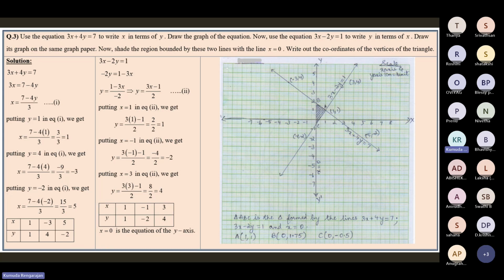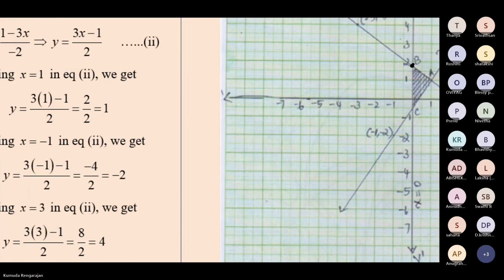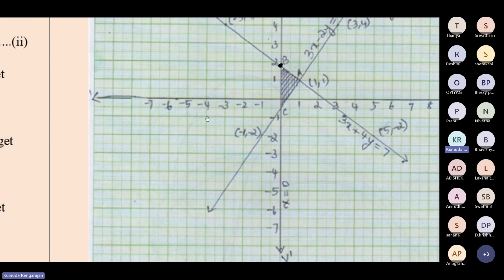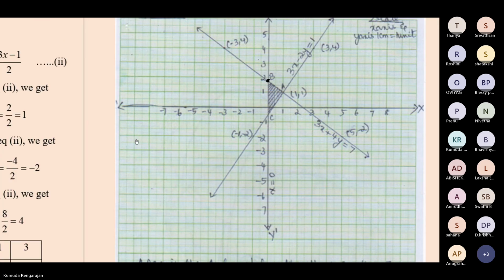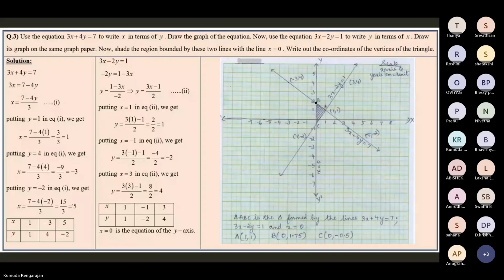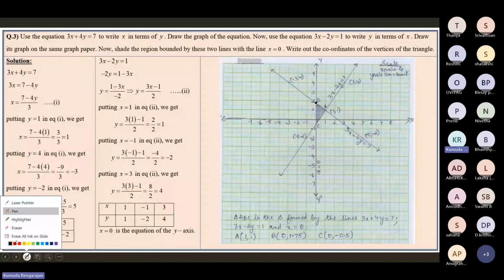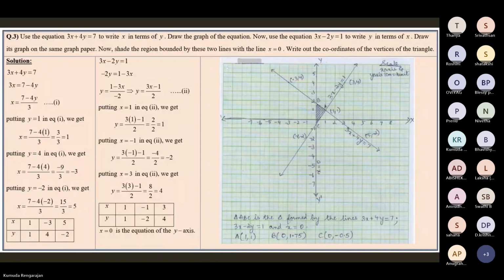Okay, I think I just told you this one as 2. So it's not exactly okay. I didn't notice it properly. This one, children, this point, I said 0 and 2.